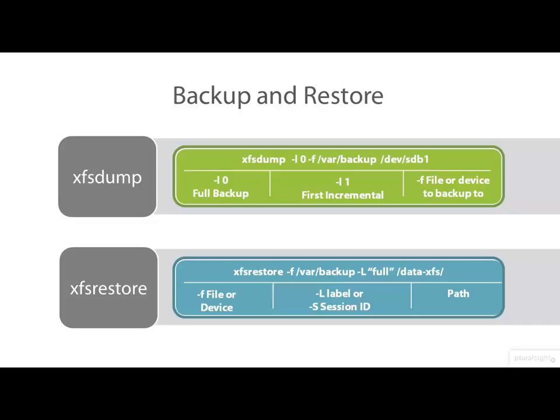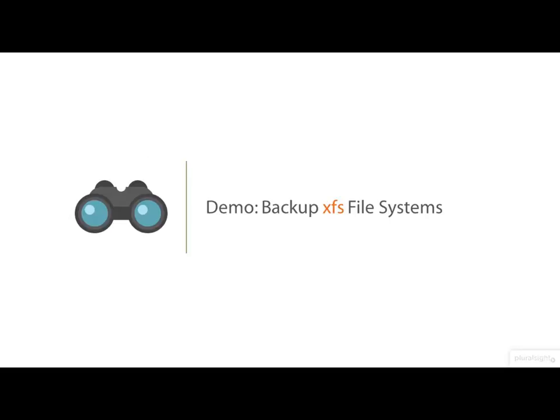We're using capital L here, so we're restoring from the label of the backup, but we could also use -S and specify the session ID. And then we're specifying the path that we want to restore to. Let's take a look at this now on our CentOS machine, look at how we can carry out these backups and restores.